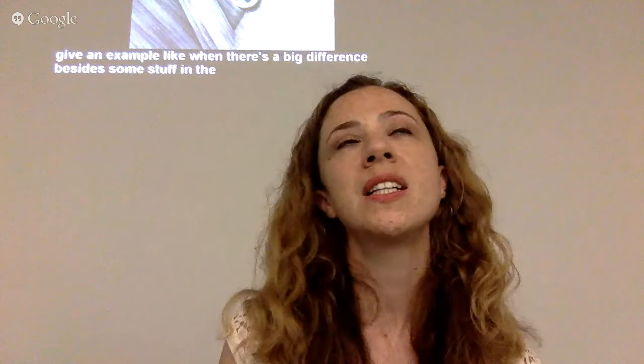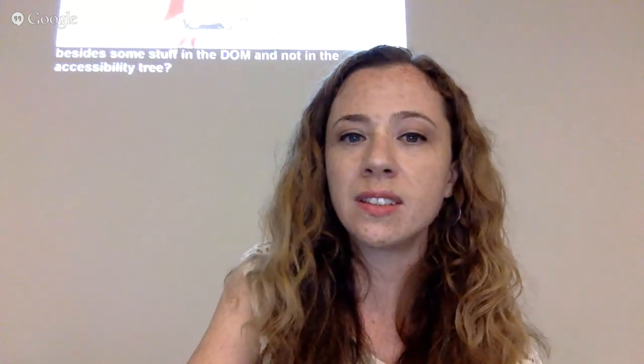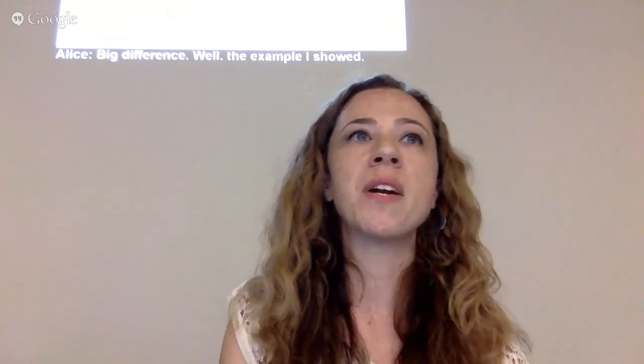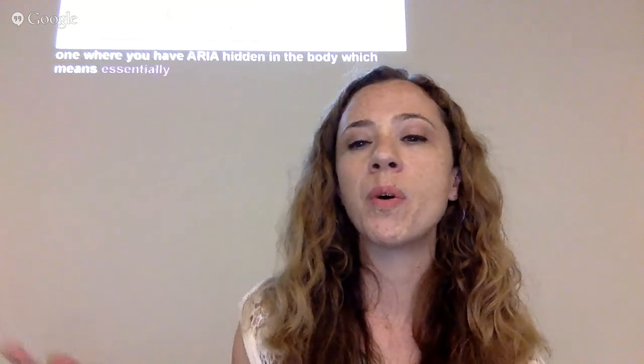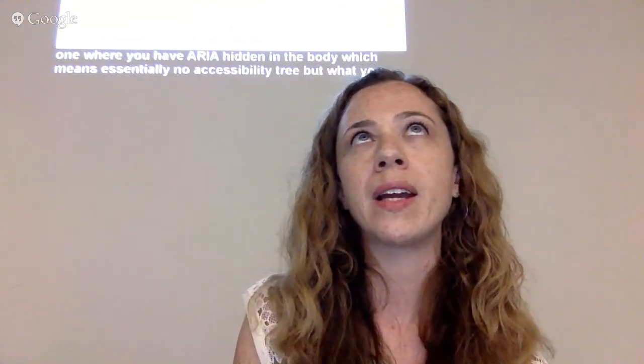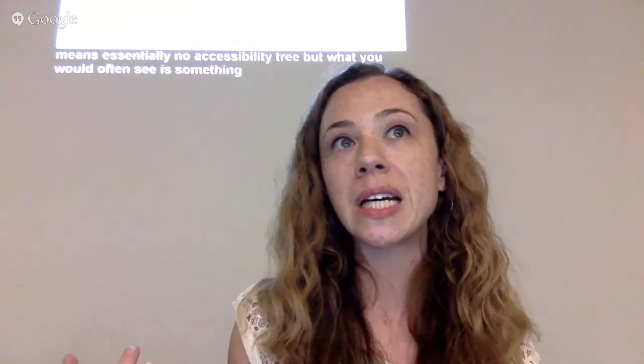The example I showed, where you've got ARIA hidden on the body, means there is essentially no accessibility tree. But what you would often see is something like the modal dialogue example.